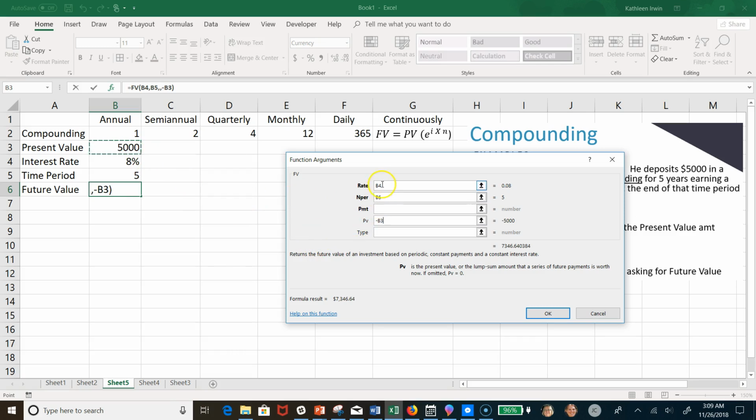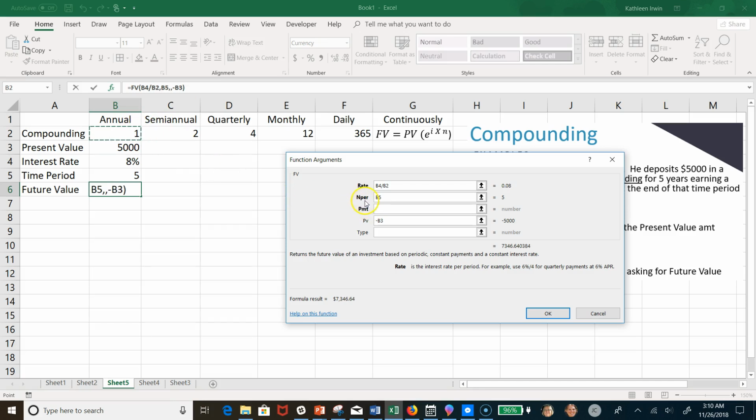Now, the only other thing that we need to do is adjust for our compounding periods. So right here on your rate, you want to come back up here and divide your rate by the number of compounding periods. So we're going to just do a divide symbol here and put in the number of compounding periods right here.